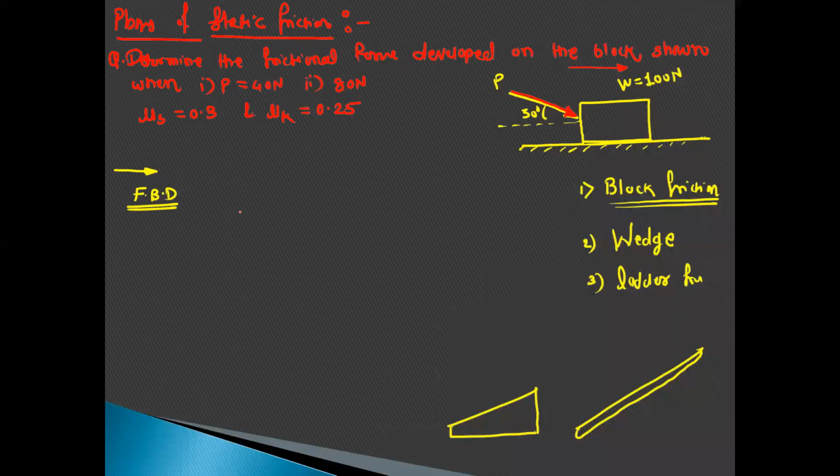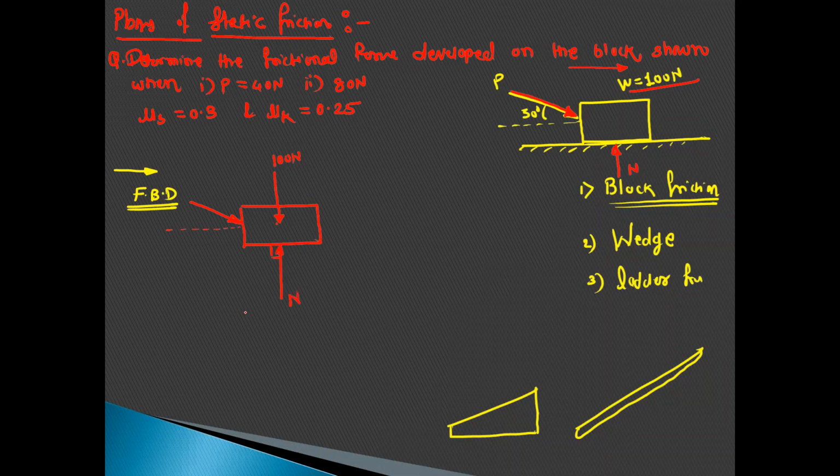So I will draw the free body diagram. This is the force P acting on the block, and its angle is given with respect to the x-axis. Then the weight of the object is 100 Newton, and weight will act in the downward direction. Then at this point, we have the normal reaction, which will be exactly perpendicular to the contact surface.